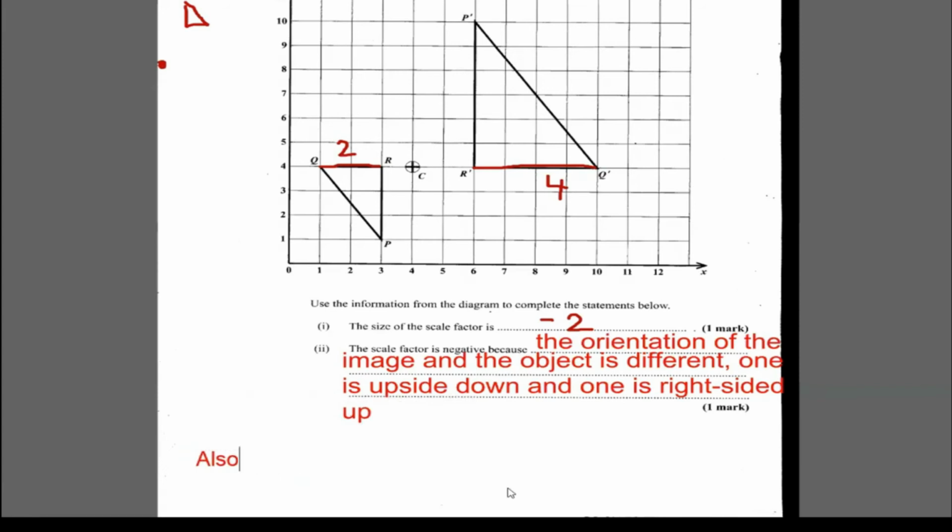The center of enlargement is after the object. So that's another reason why, of course, it is like this.